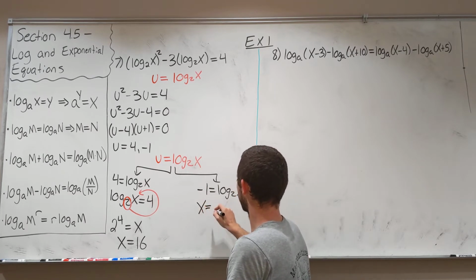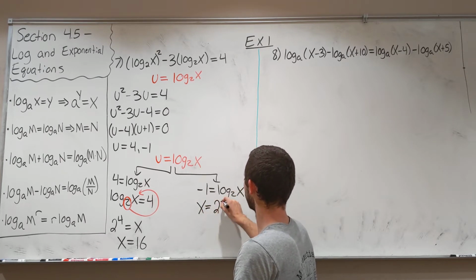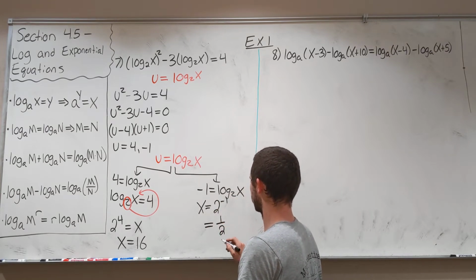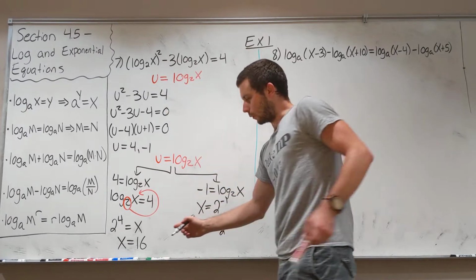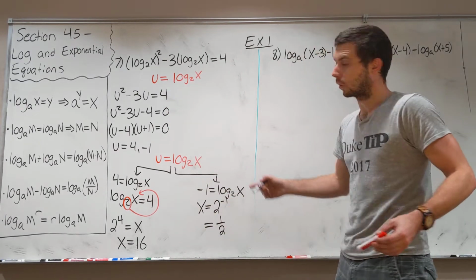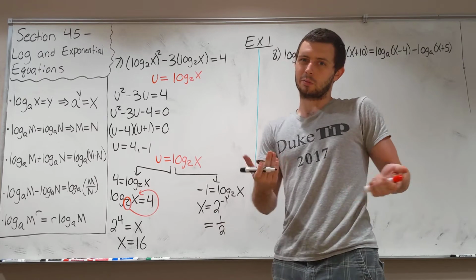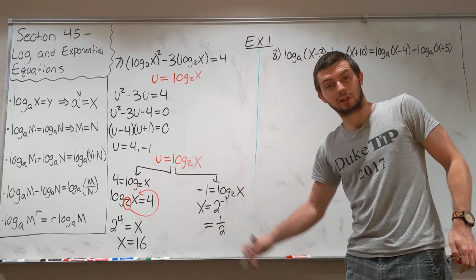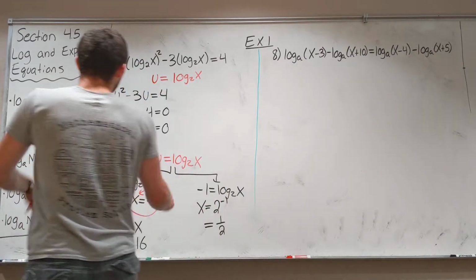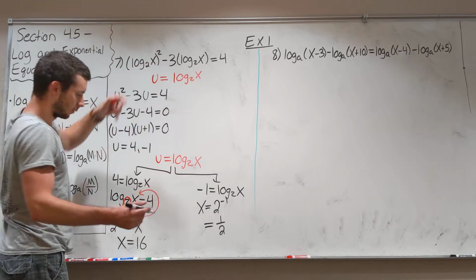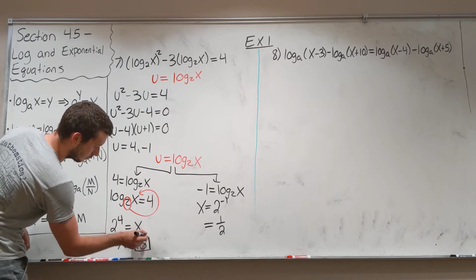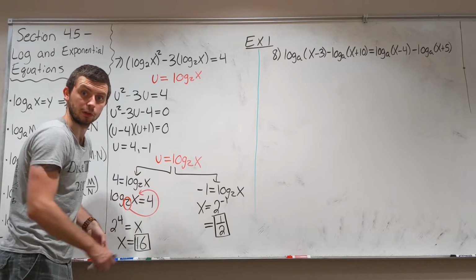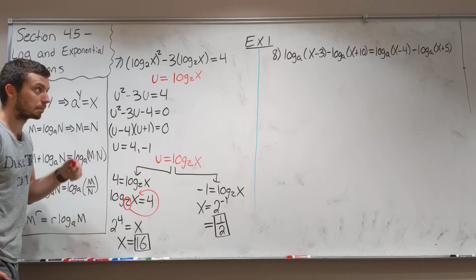You will end up getting X is equal to 2 raised to the negative 1, which is 1/2. And so notice, both of these answers are positive. I did mention a rule of thumb that the larger answer generally works. We did get 2 positive answers, and just having log of X means that they both work. So both of these would be your answer for problem 7.